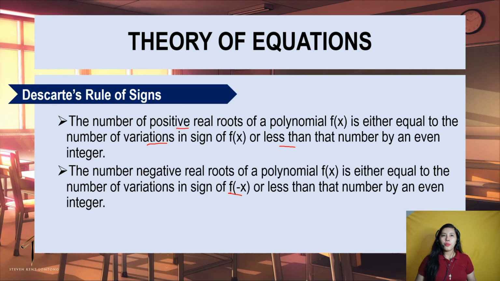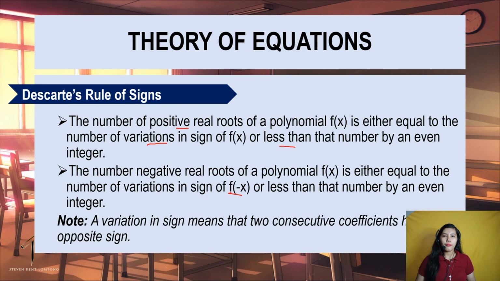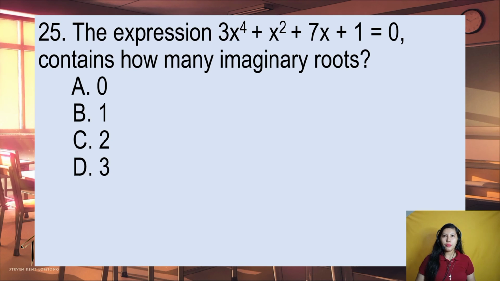To visualize this Descartes' rule of signs, let's answer this problem. The expression 3x raised to 4 plus x squared plus 7x plus 1 is equal to 0 contains how many imaginary roots? By Descartes' rule of signs, we only have to substitute positive x in the equation and count the number of variations in sign.